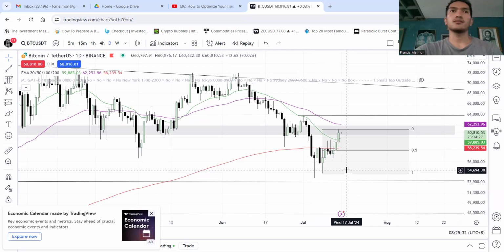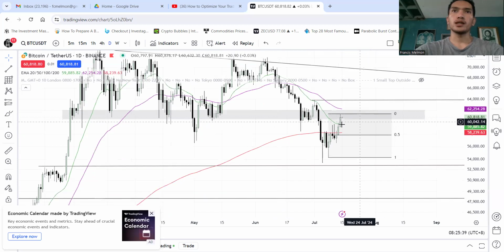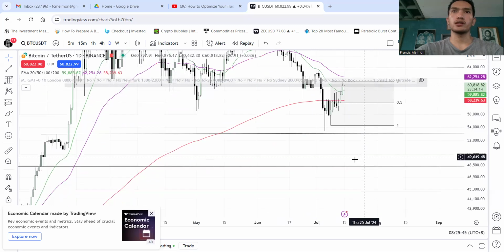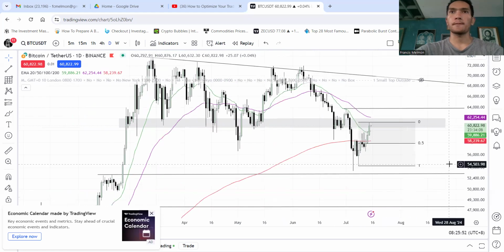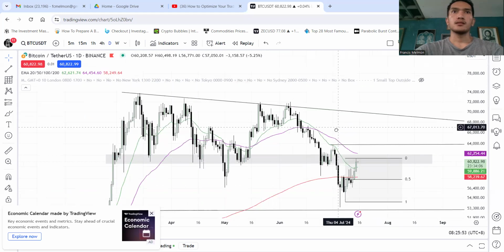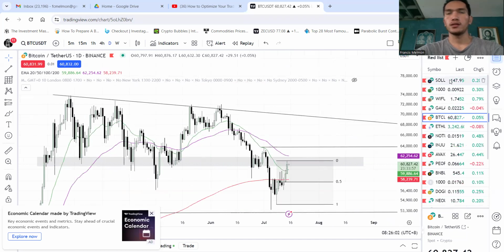But since there's still a resistance right here, it's also a probability that we could test this low, and also this untested support right here. Okay, I guess that's it for the Bitcoin.